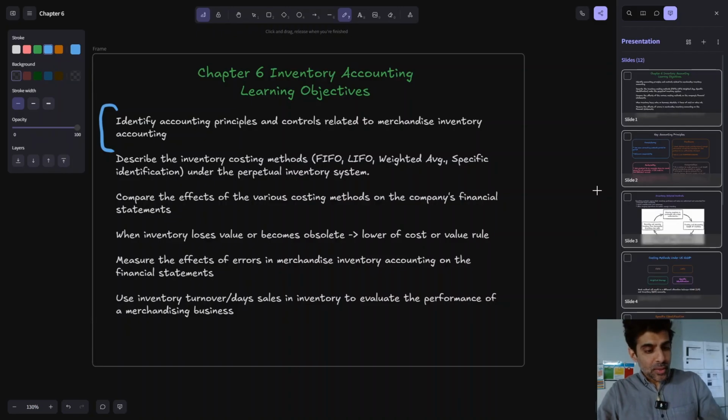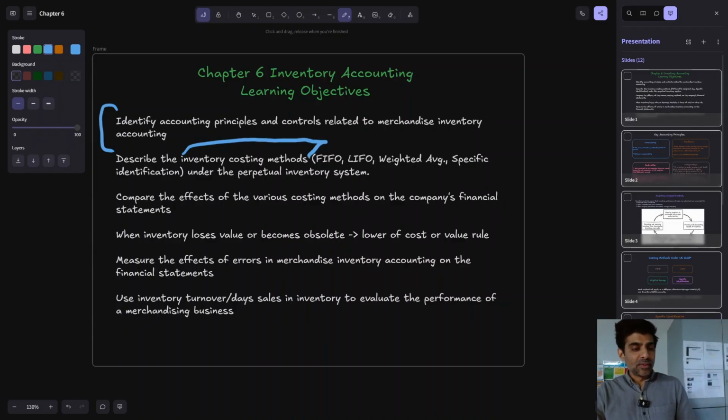This is the main part of the chapter: these inventory costing methods. So what they are, why they're important, we're going to talk about that. And related to that, we're going to see that depending on what method you choose, and again, this is an instance where you can have the same transactions happening, but your choice of accounting method is going to change the financial statements.